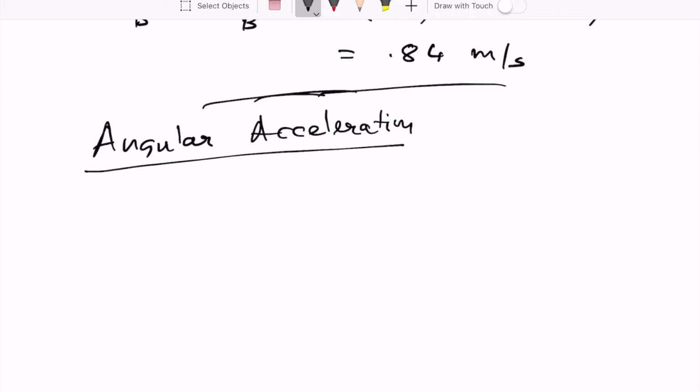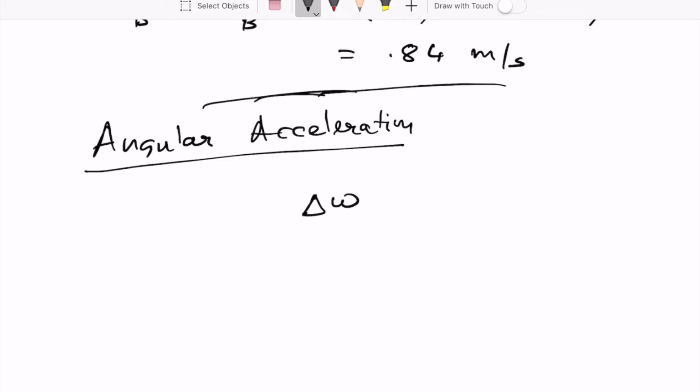We'll first start with an average angular acceleration, and then we'll move on to an instantaneous angular acceleration. You'll see that our discussion is very analogous to the way we defined position, velocity and acceleration back in chapter 2, right? So now we have a situation where omega is changing. Let's say that the change in omega is delta omega.